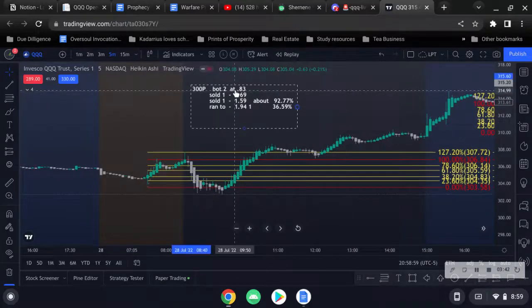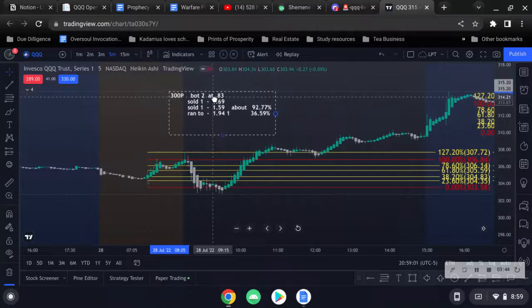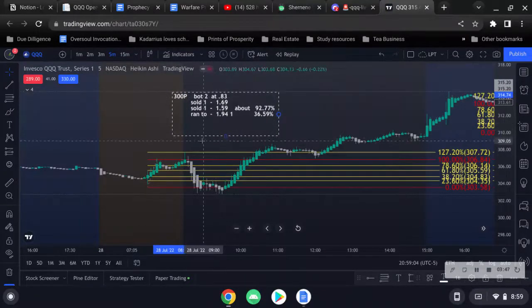So this is the day on the 28th that I alerted the puts. The $300 put was 83 cents. I bought 2 here. And when we got down to the bottom of the retracement, because you're going to enter at resistance on your fib levels and exit at your support on your fib levels, or at least scale out, I sold one for 169, and then I sold one for 159.